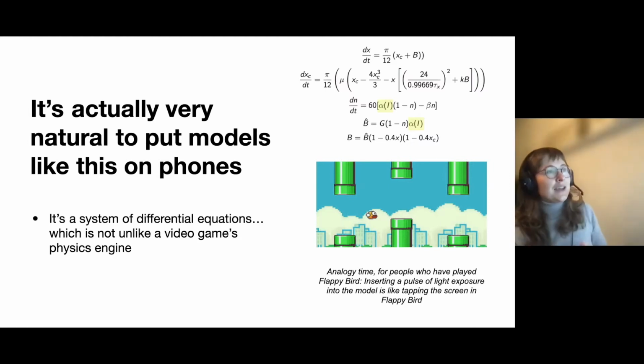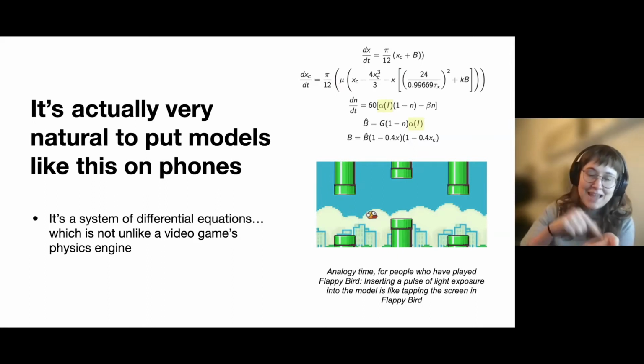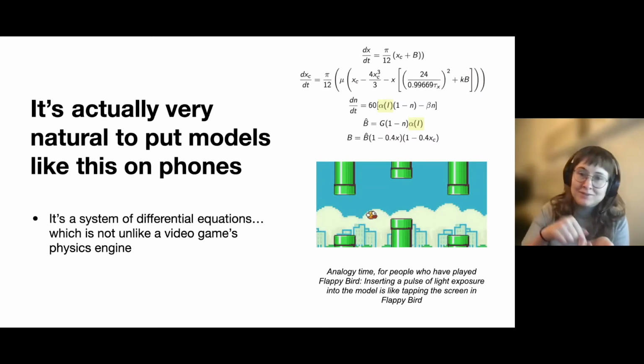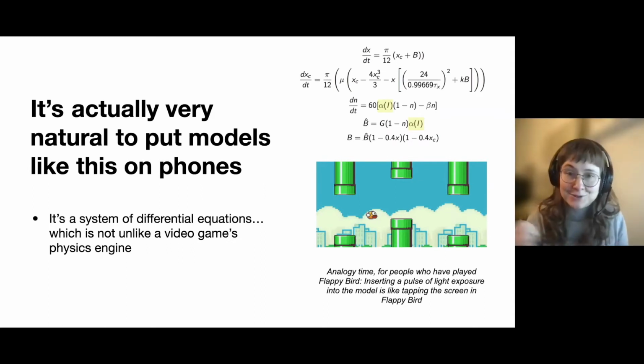And so this system of differential equations up in the upper right is not that dissimilar from Flappy Bird, a mobile game where you would tap the screen to make your bird go up. And the analogy, your time varying input is pressing your screen in Flappy Bird, whereas in the model, it's the light history you're passing.